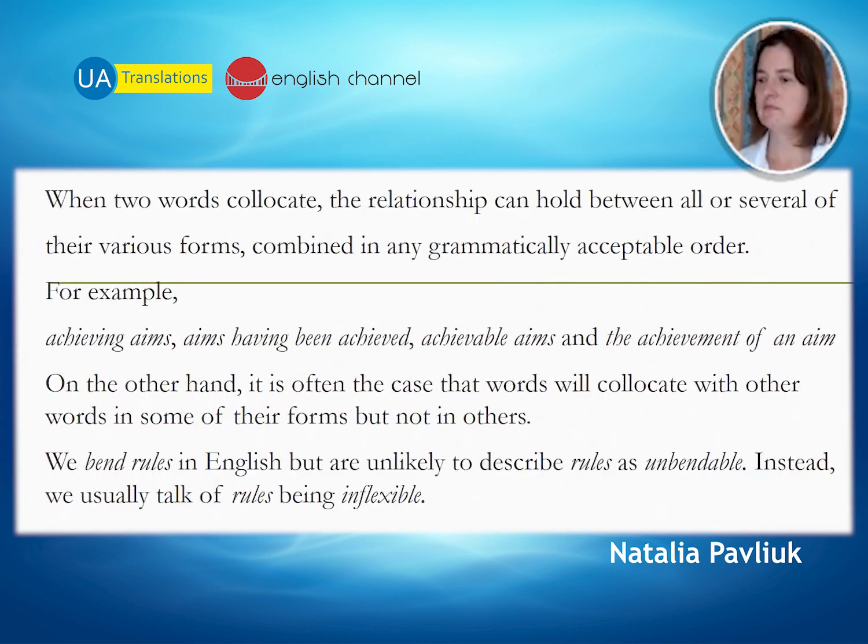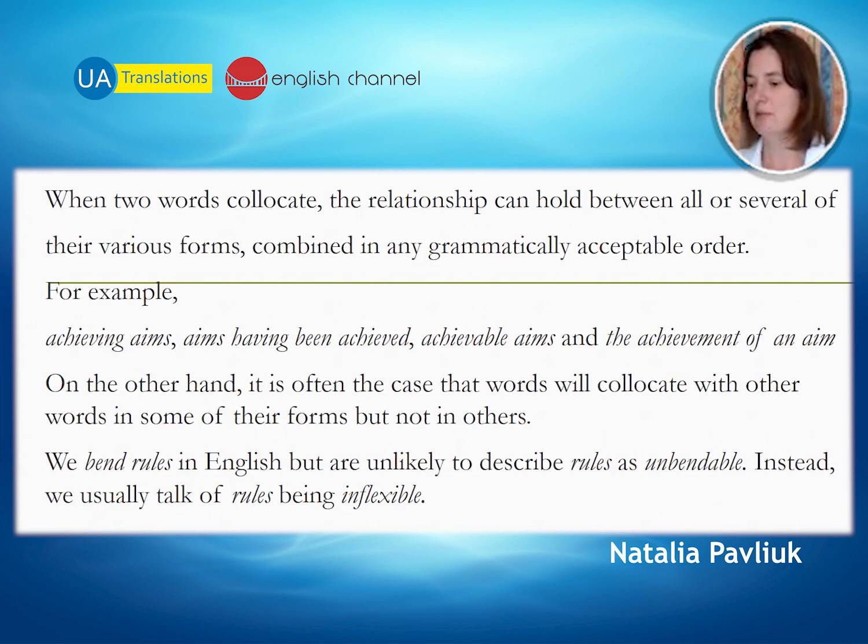So when two words collocate, the relationship can hold between all or several of their various forms combined in a grammatically acceptable order. It means that here we are talking about words with the same root, but belonging to different word groups, appearing as a verb or a noun or an adjective.